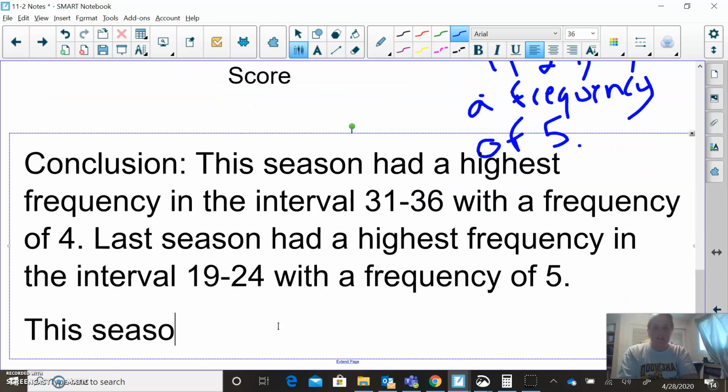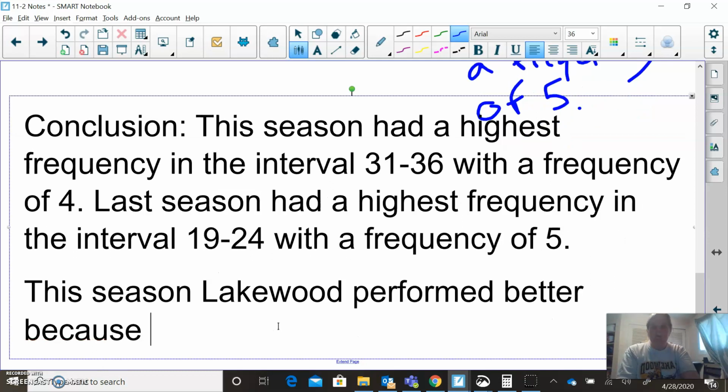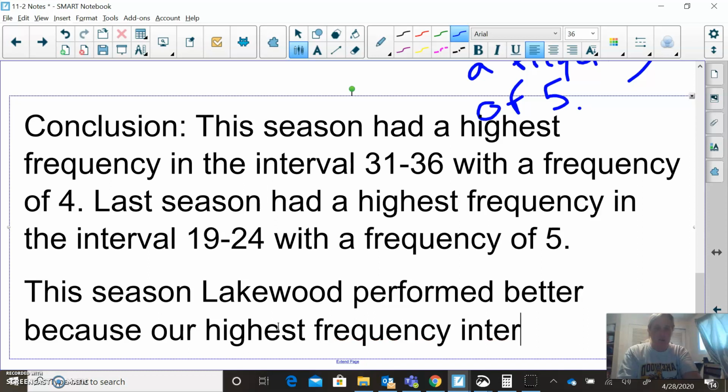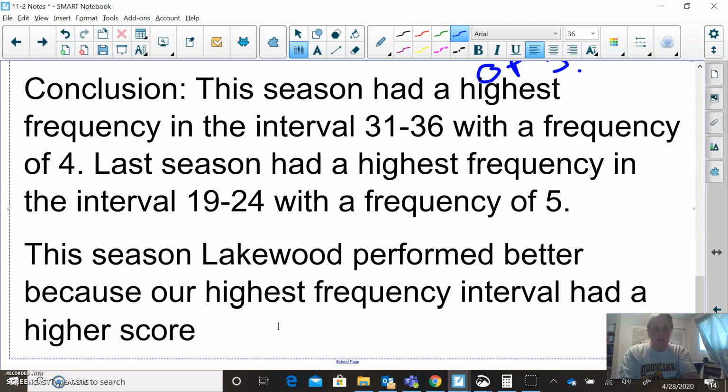So I would say this season we performed better, or Lakewood performed better, because our highest frequency interval had a higher score, between 31 and 36.